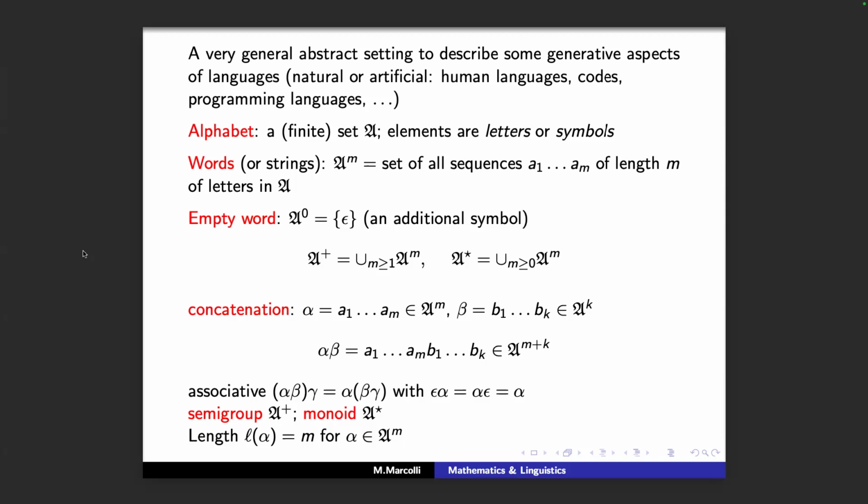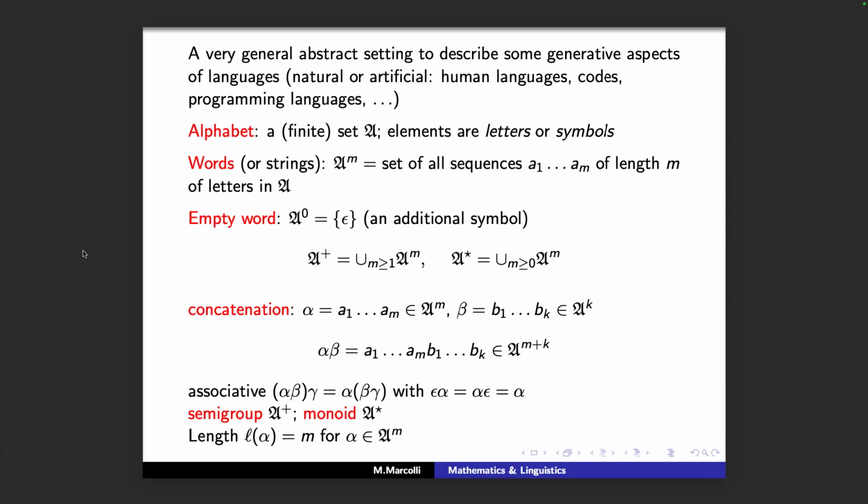This would include punctuation. If you were to model a language, it would include the space symbol to separate words. Or you could decide to forget about punctuation, depending on whether you want to have that as part of the structure or not.